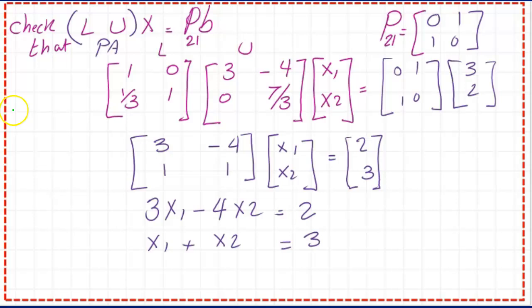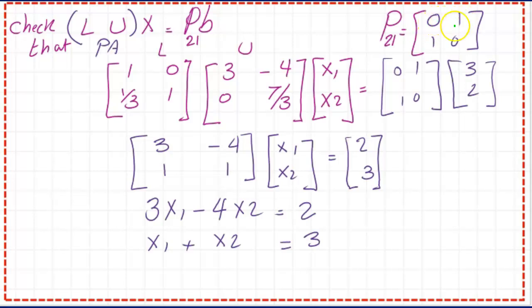We want to get the values of X1 and X2 from L by U multiplied by X1, X2. This is the permutation matrix. We call it P21 because we have swapped R2 to become R1. So instead of the normal identity matrix, 1, 0, 0, 1, we have moved the second row to become the first row.